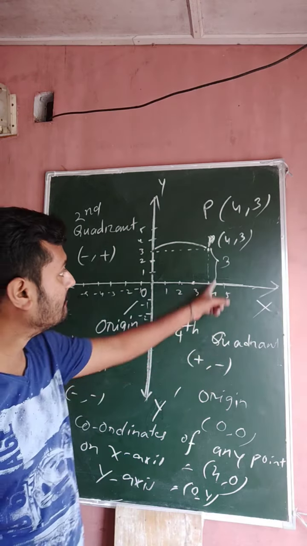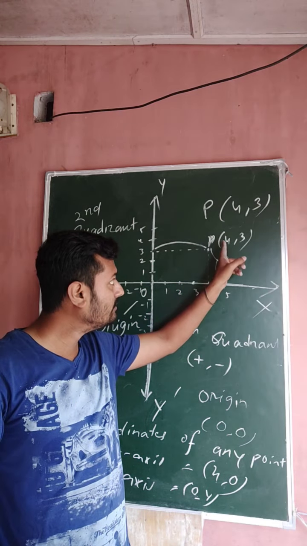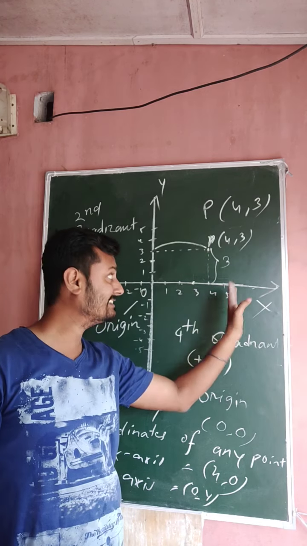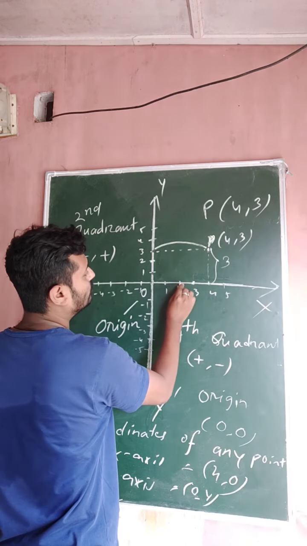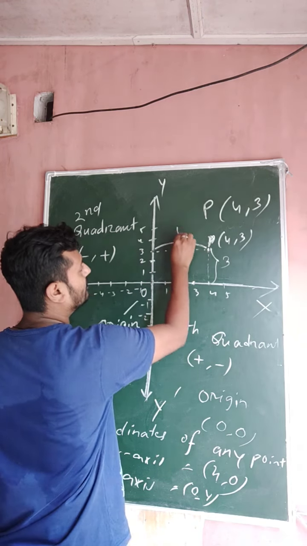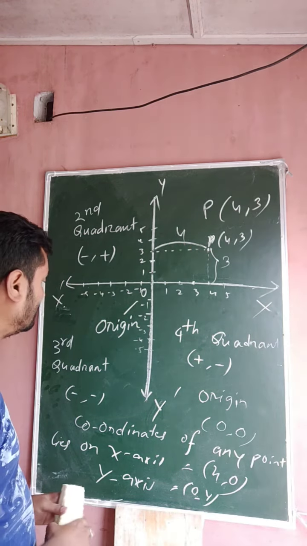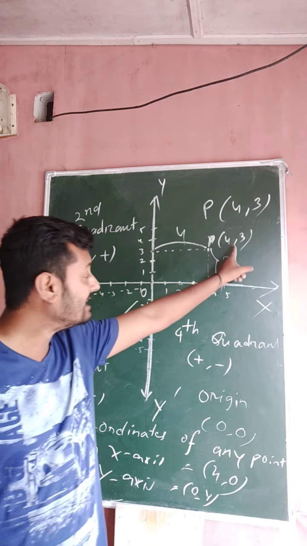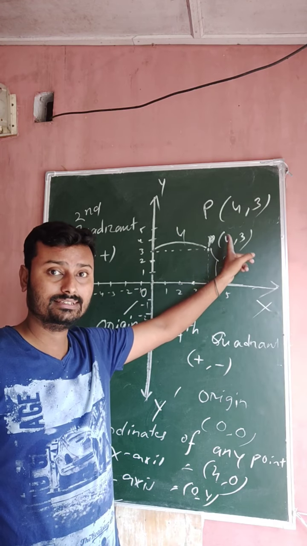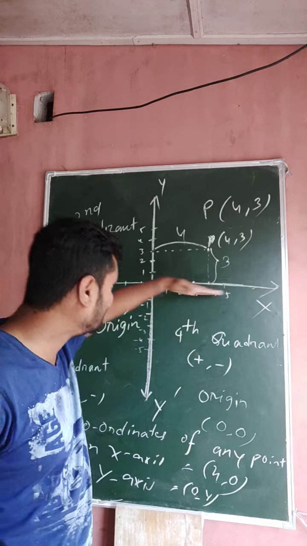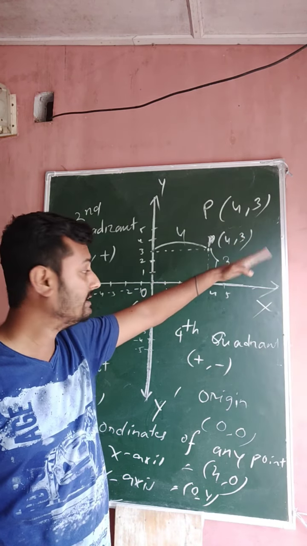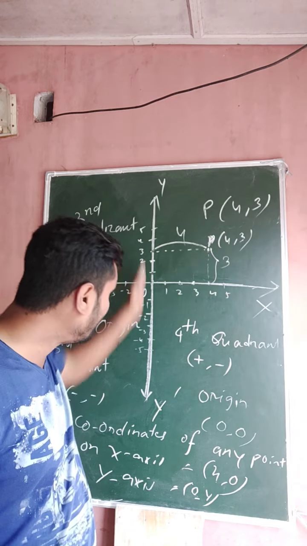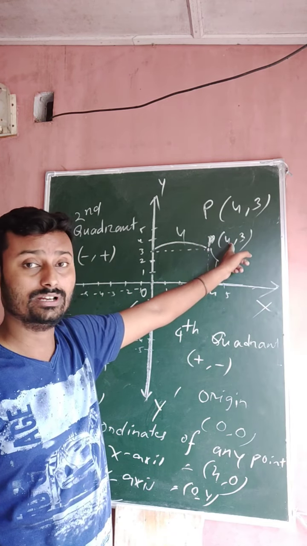That means the distance of the point P(4, 3) from the x-axis is 3 units. Similarly, counting 1, 2, 3, 4, this part will be 4. That means the distance of any point from the x-axis is the y coordinate, and the distance of that point from the y-axis is the x coordinate.